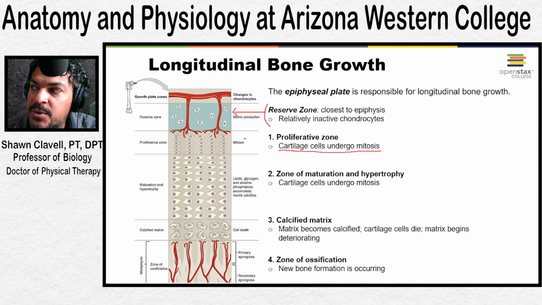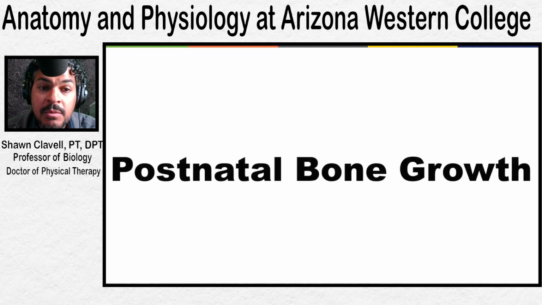The zone of maturation and hypertrophy is where they start to become larger. They accumulate glycogen and alkaline phosphatase, and the matrix begins to calcify. Ultimately, those cells die by the zone of calcified matrix, because now that matrix becomes calcified. The new zone will also fill in with bone.